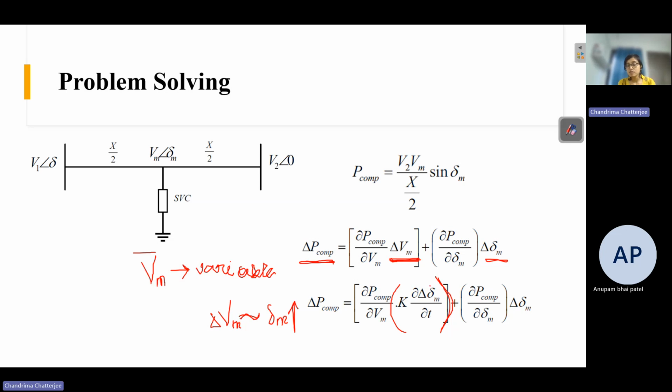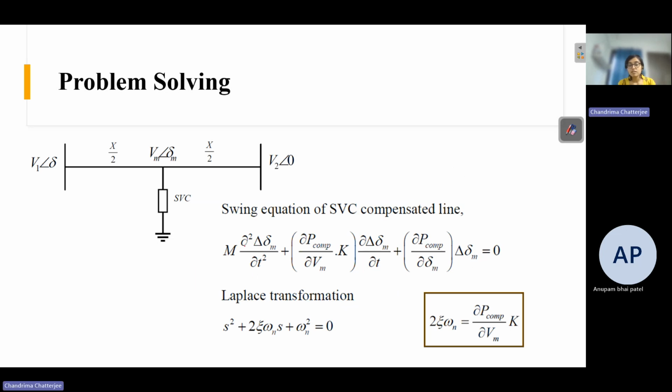We can express this delta Vm like this, where k is a proportionality constant, and this is delta M. Sorry, this is not the control variable. This will anyway change, and we will change delta Vm accordingly. And this is the new swing equation.